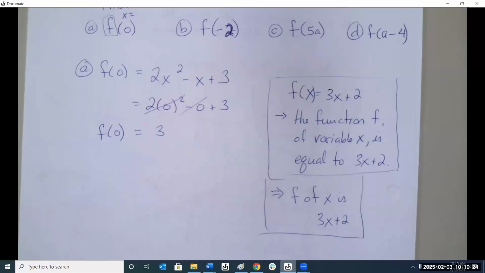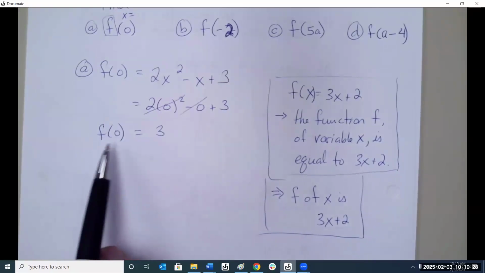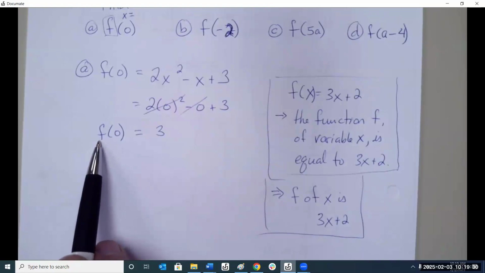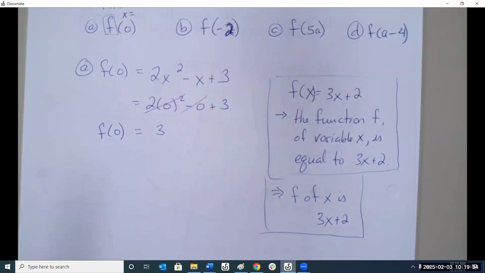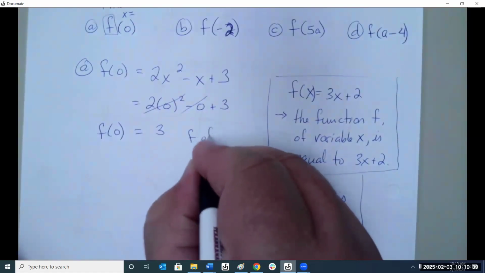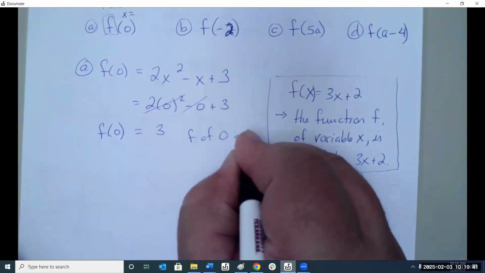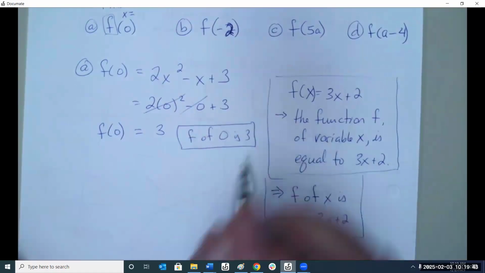So it makes it much easier to read that way. So how would you read this? F of 0 is 3. That's how you'd read it.